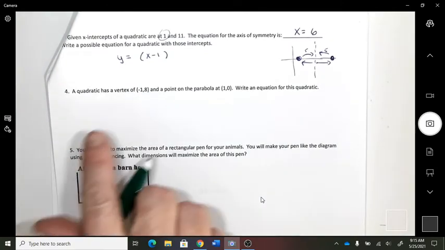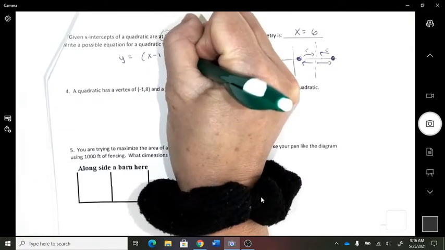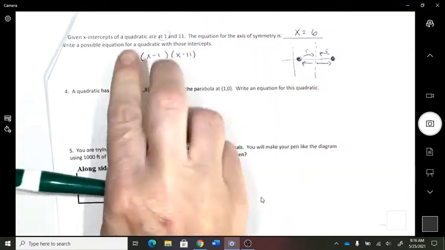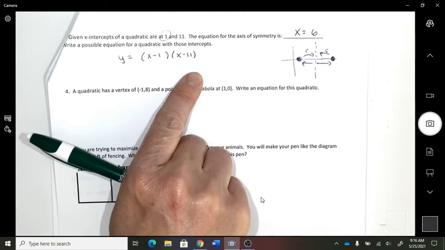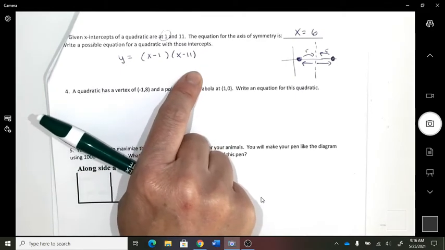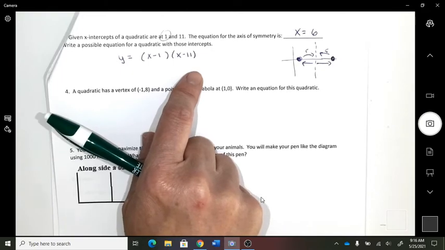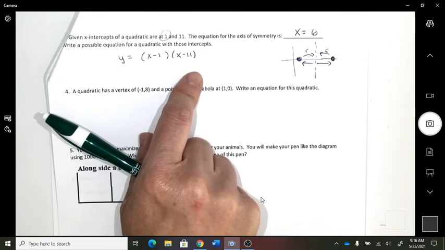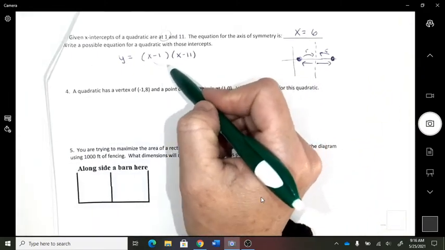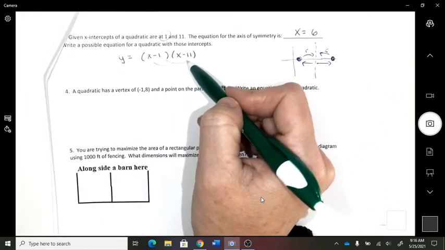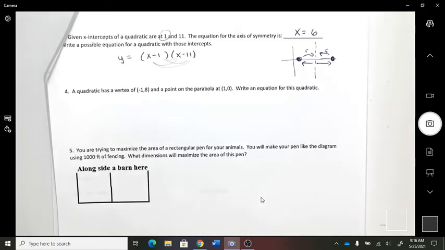Right? Because if I gave you that, you would know the x-intercepts are 1 and 11. So now it's just working backwards. If I say to make this equation in general form, what would you do next? Now you're going to have to FOIL it all out.